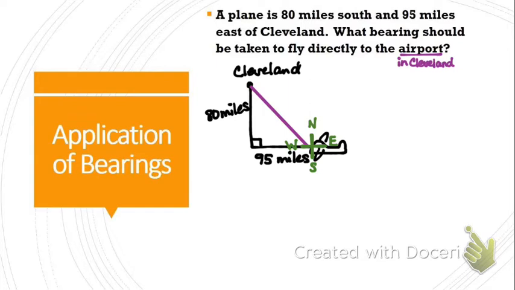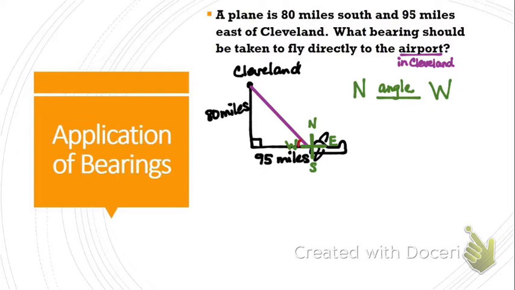There's a couple things that we already know about this bearing, don't we? Is the pilot going to have to go north or south? North. Is the pilot going to have to go east or west? West. So I know this much about the bearing already, and now I still need this angle. Where is the angle that we're looking for in this picture? Right in front of the plane.